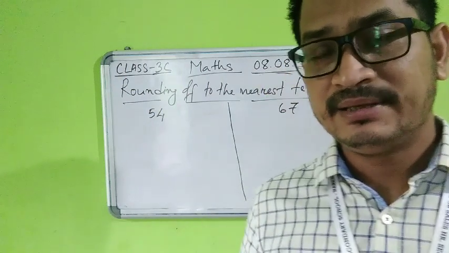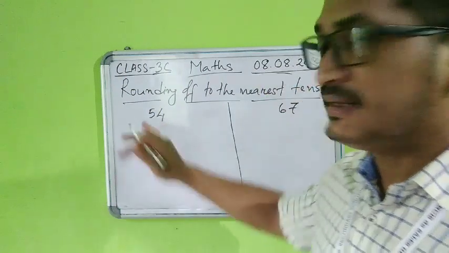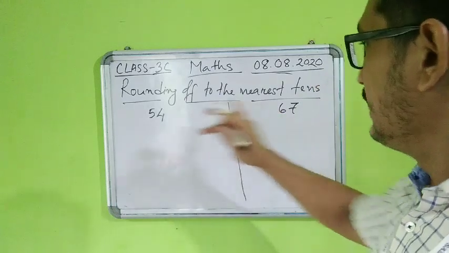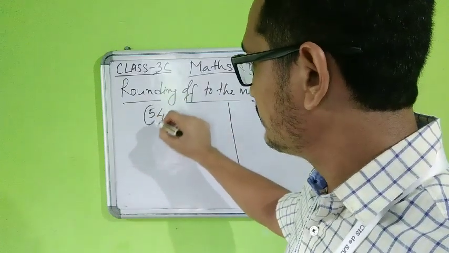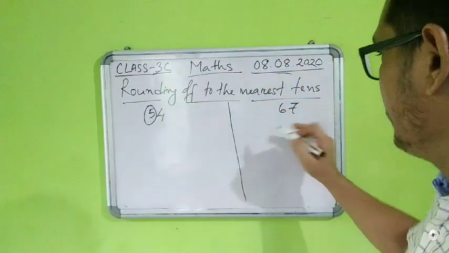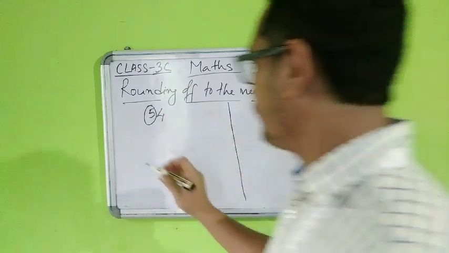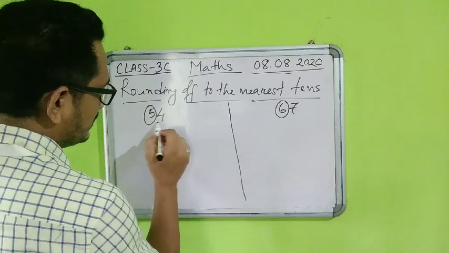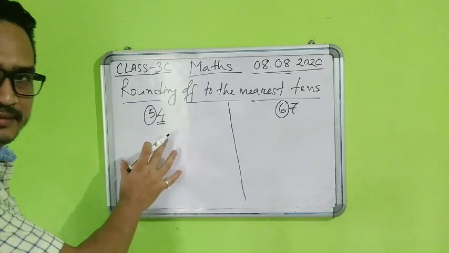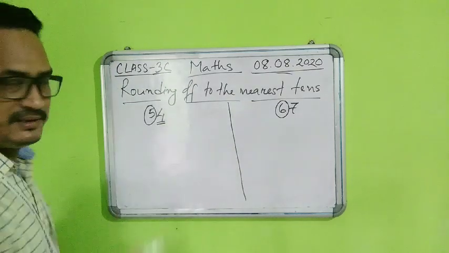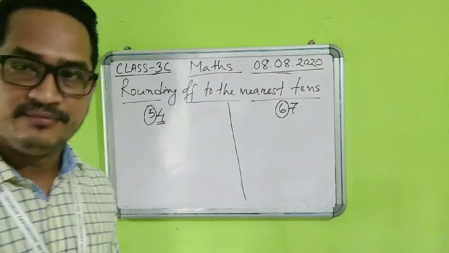Nearest tens means you have to see the tens place for both the numbers. In this number the tens place is 5, and in this number the tens place is 6. Now I need to see the ones place. Take the example of 54. In the ones place it is 4.